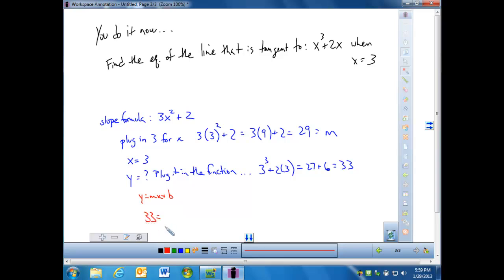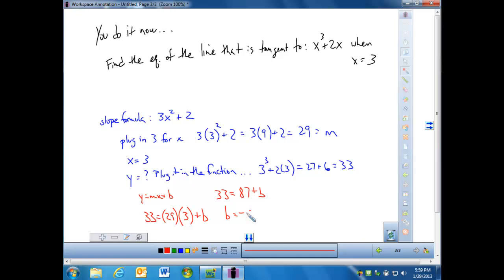Do the algebra for that, work that out, solve for b. So b is going to equal a negative 54.